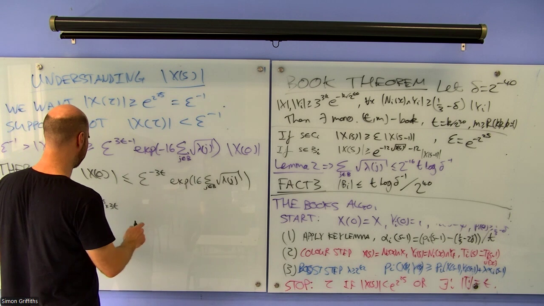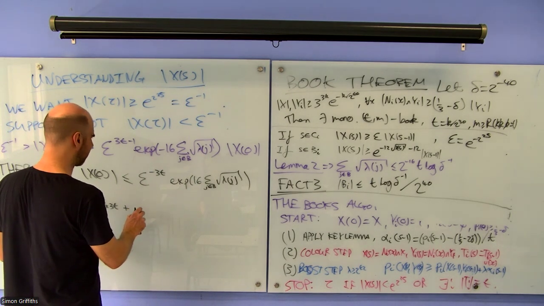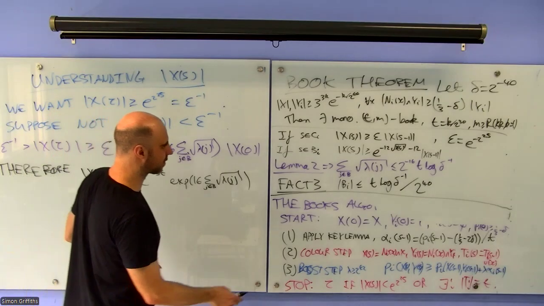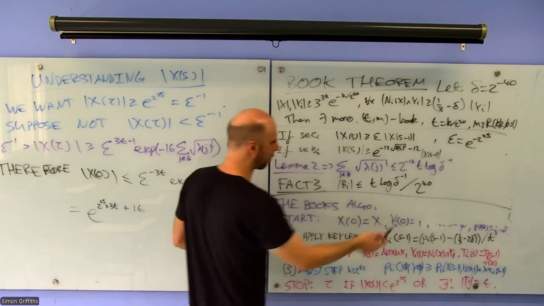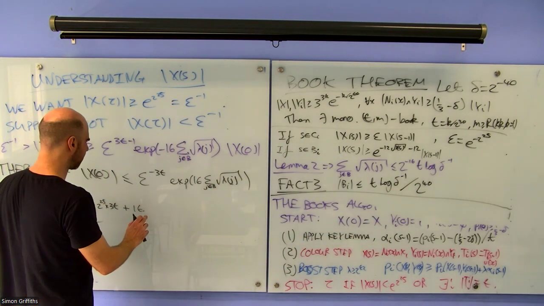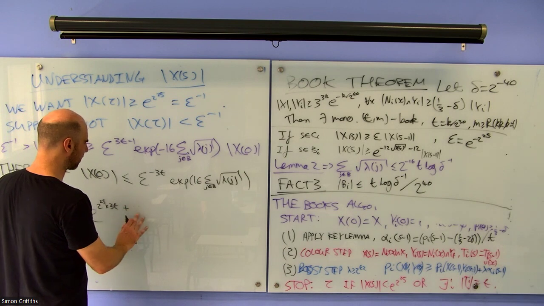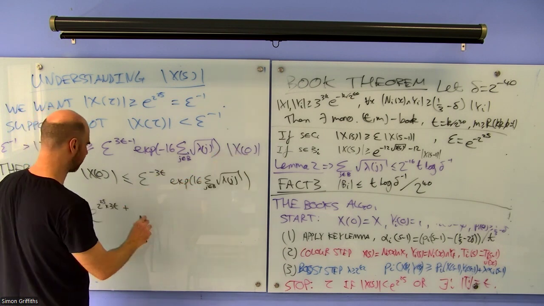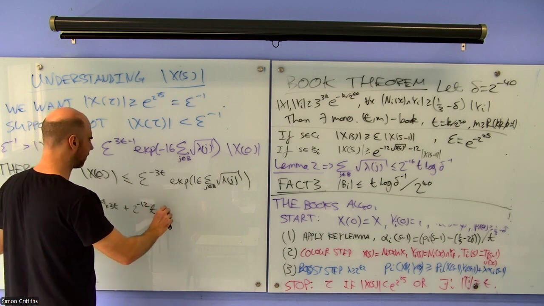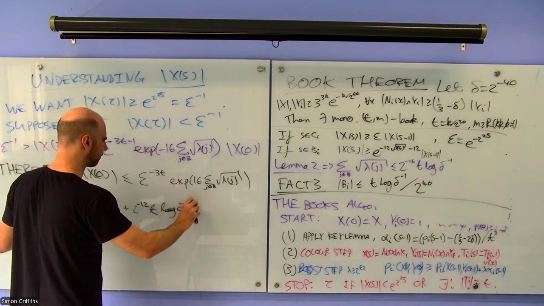And this second one is like plus 16 times, if you like 2 to the 4, whatever, times this upper bound, right? We have an upper bound of the sum of these guys. So well, it's going to be 16 times 2 to the minus 16. So like 2 to the minus 12 t log 1 over delta.